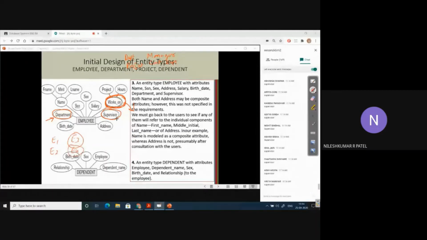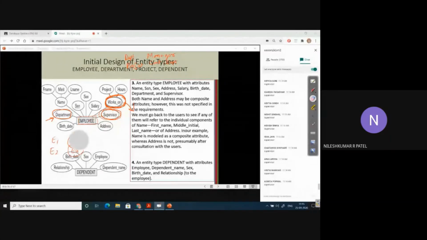So an employee is supervising an employee. So this particular attribute means the employee entity type has a relationship with itself. This type of relationship we call a recursive relationship.